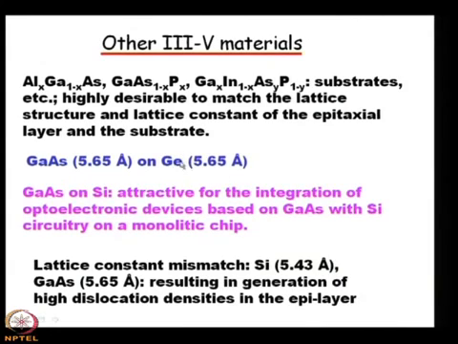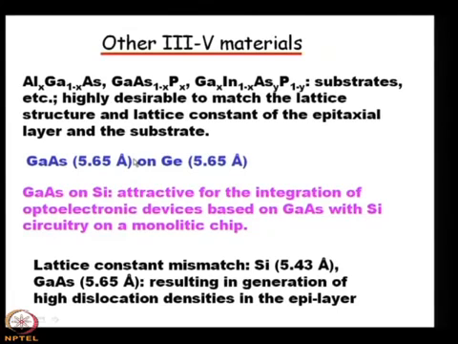That is a very important thing, that germanium is a group 4 elemental semiconductor, and its lattice constant is almost equal to gallium arsenide. So, we can very easily grow gallium arsenide on germanium, so that there will not be any lattice mismatch between the substrate and the epi layer grown on it, because of the same lattice constant.